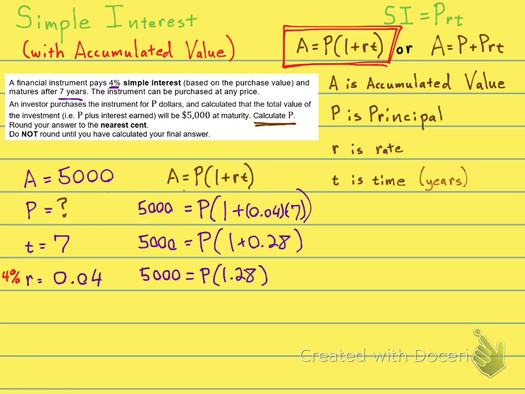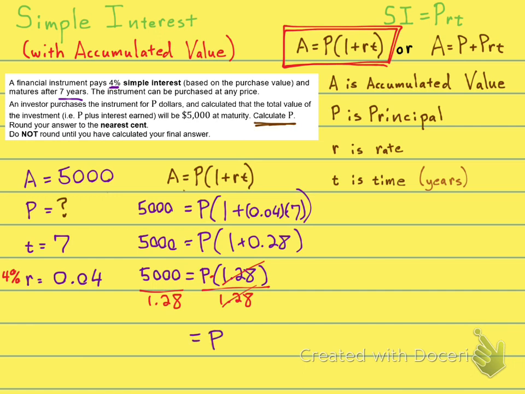And now one step to get my P by itself. Grumpy old P wants to be all by himself. You are going to divide out the 1.28 because he's multiplying. Divide both sides by 1.28. On the right-hand side, 1.28 over 1.28 cancels out to 1. 1P is what I want.